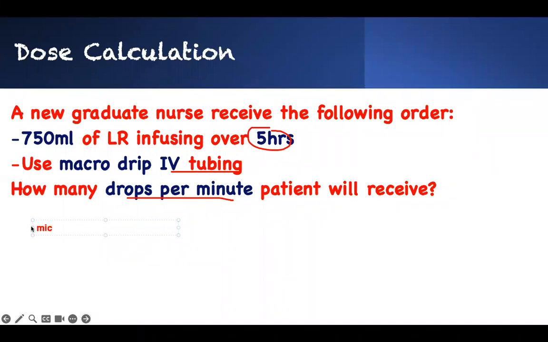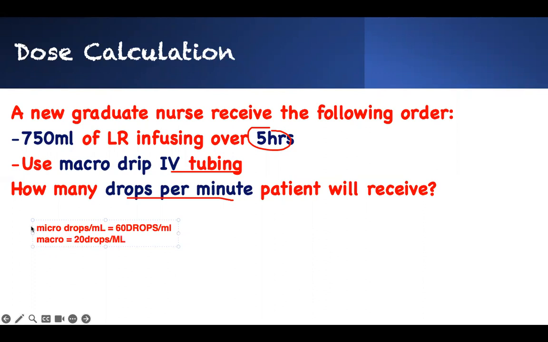There's something we call microdrops per ml. When it says micro, it's usually 60 drops per ml. If they give you macro, it's usually 20 drops per ml.